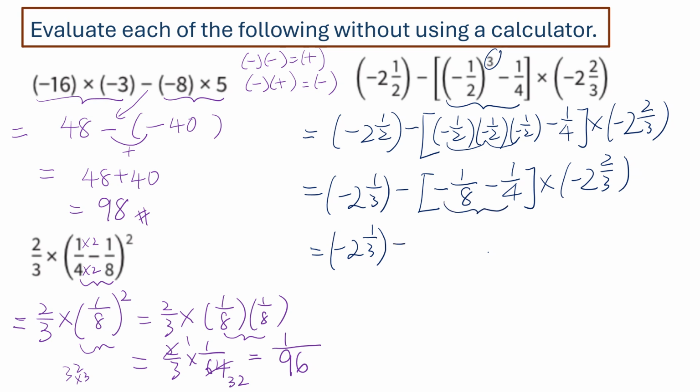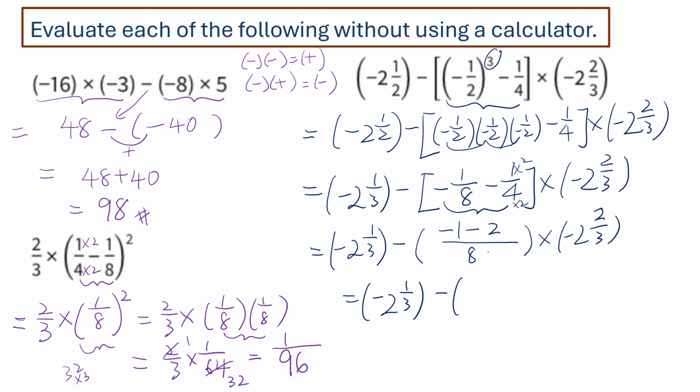So we need to solve this by finding the lowest common multiple of 4 and 8, that is 8. So that is negative 1 minus, this is times 2, minus 2. So that gives us negative 1 minus 2, which is negative 3/8. Alright, so I will need to multiply these two together.